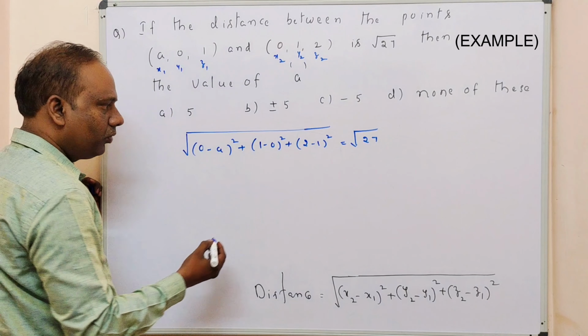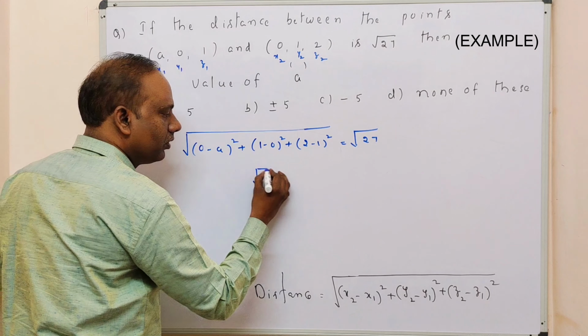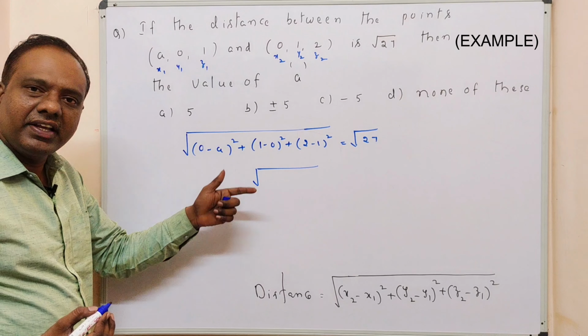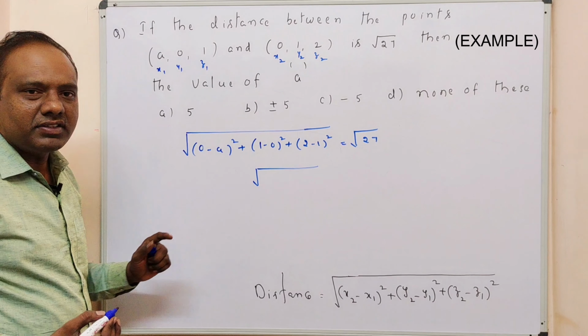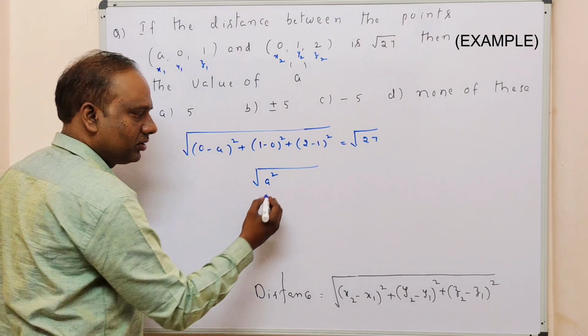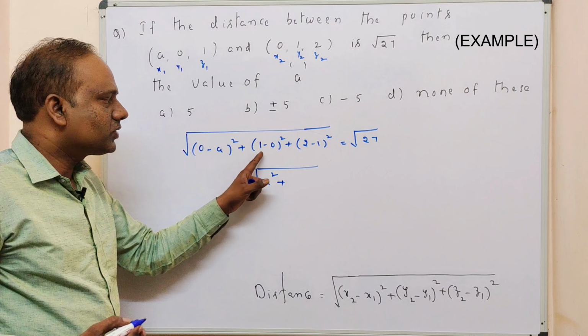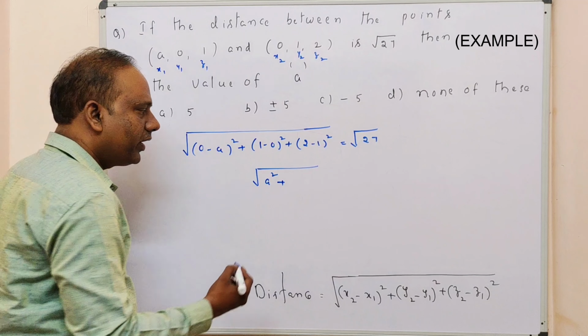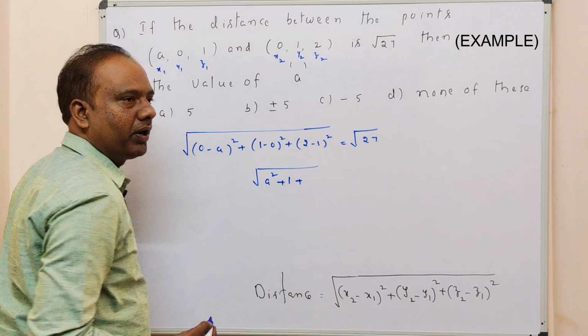Okay. Now root of 0 minus a. 0 minus a is minus a. Minus a whole square is a square, plus 1 minus 0. 1 minus 0 is 1. 1 whole square is 1.